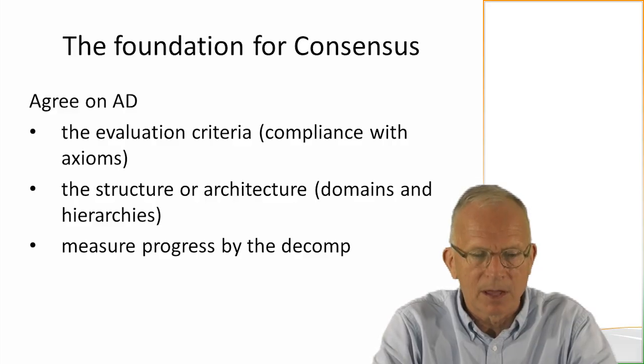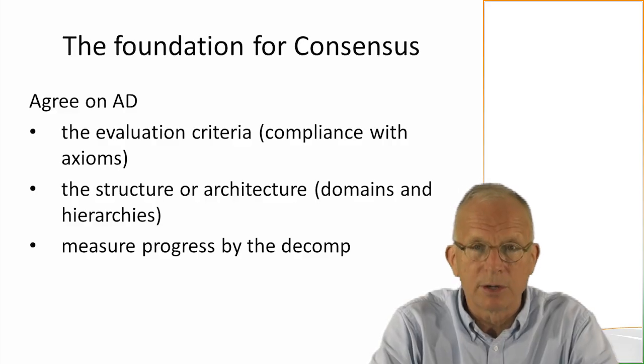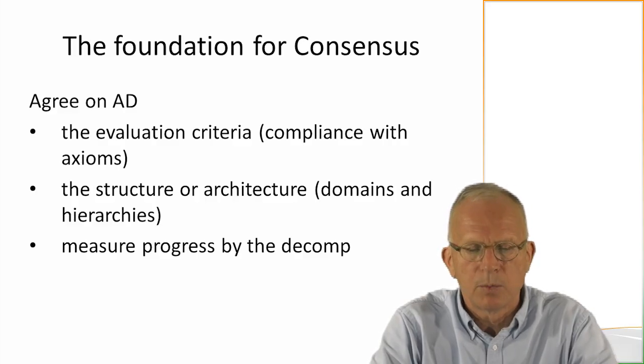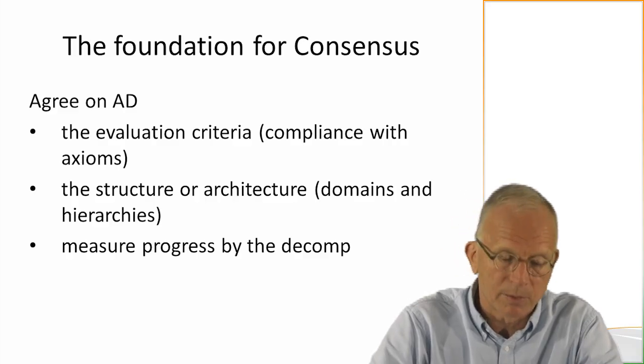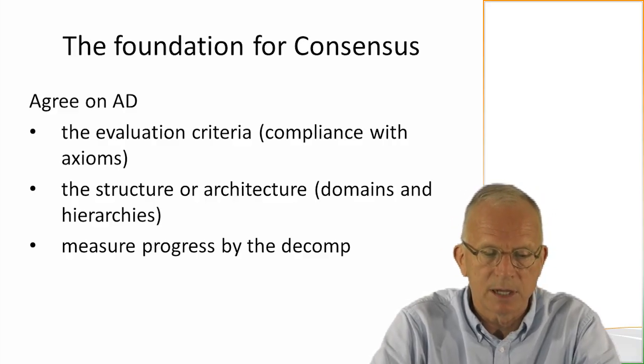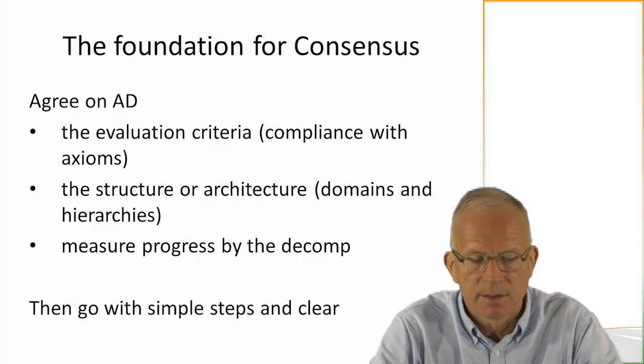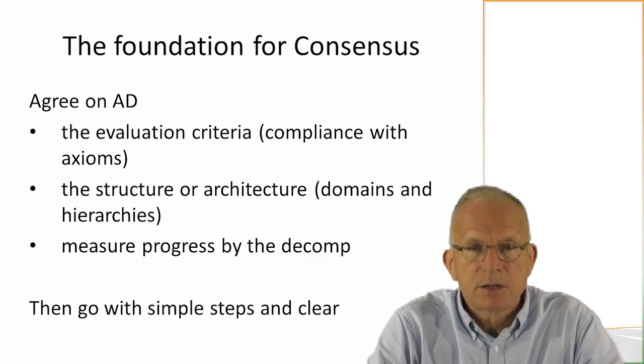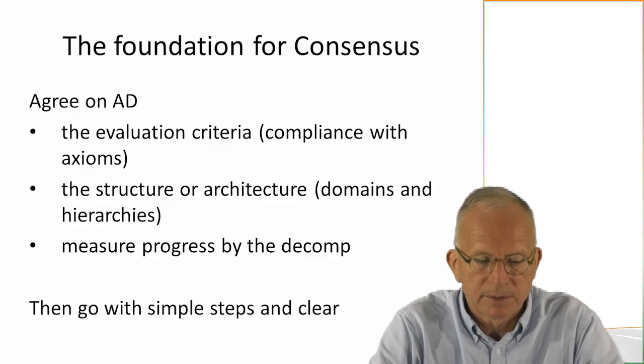So then we have the evaluation criteria, the compliance with the axioms. We have the structure, so we have the domains and the hierarchies, and we can measure progress by how far we are in the decomposition of the structure. And so then we go with simple steps, simple and clear steps.